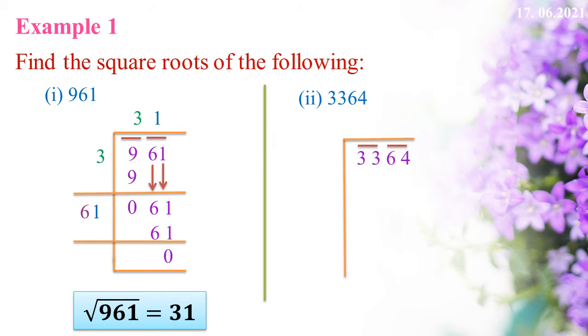Each pair is called a period. Next, we should find the largest number whose square is equal to or just less than the first period. Here, the number is 5. So, take this number as the divisor and the quotient. Next, multiply the divisor and the quotient.